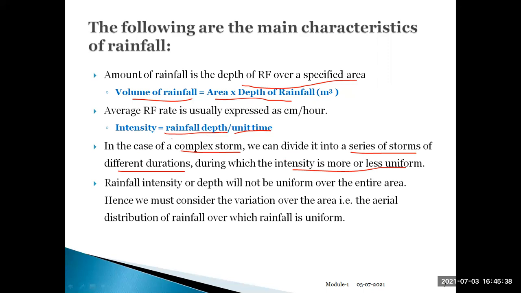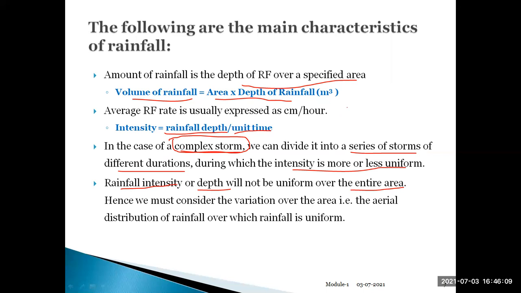If we encounter a more complex storm, then what we do is divide the storm into a number of series of different durations, like 1 hour, 2 hours, 3 hours. It may be in terms of minutes also. This is to maintain uniformity in the rainfall intensity. The rainfall intensity or depth will not be uniform over the entire area.